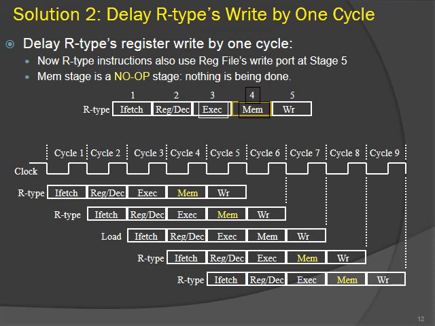Each individual R-type instruction will take 5 cycles instead of 4 cycles to finish. This is the reason that higher performance is achieved when we have a more efficient pipeline.